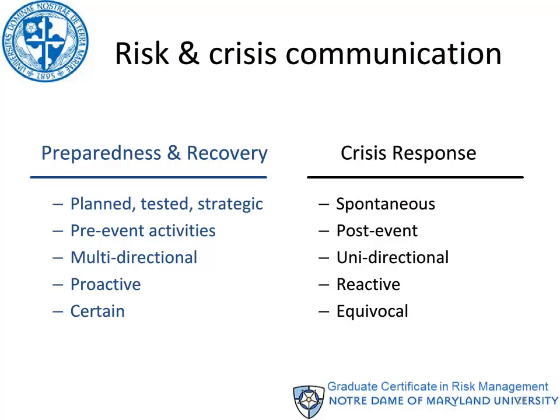They are multi-directional, proactive, and certain. Crisis communication is one form of risk communication, and it involves the response to an emergency or crisis. These types of communications are spontaneous, they are post-event, unidirectional, reactive, and equivocal.